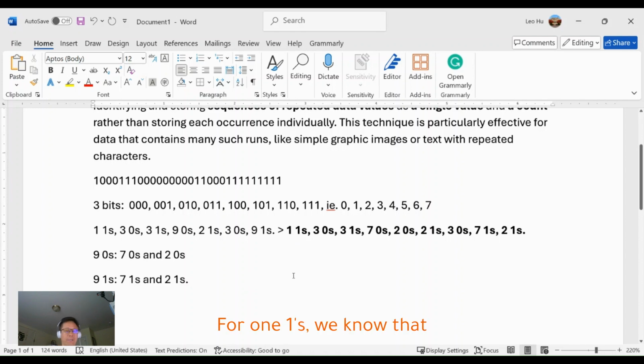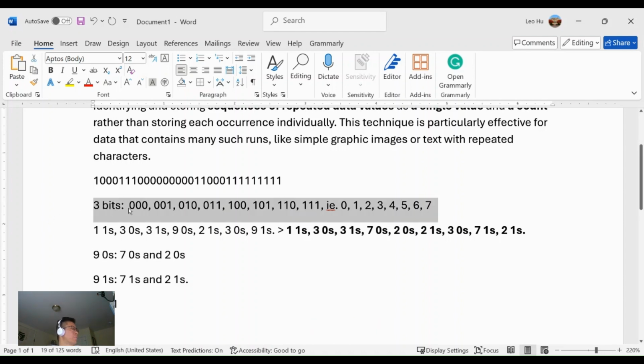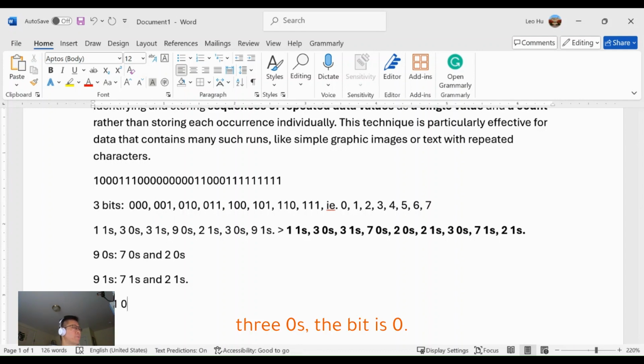For 1 one, we know that 1 is the bit of the group, 1, and the count 1 should be 0 0 1, as we see that with 3 bits, 1 is this, right? And then 3 zeros, the bit is 0, and we need to have 3. 3 is 0 1 1. And then 3 ones, bit is 1, and the value is 0 1 1.